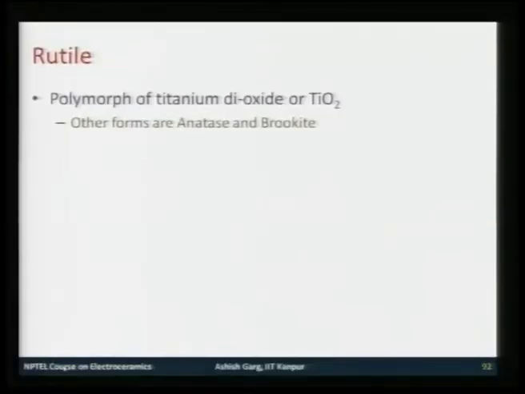So, the next slide is on rutile. Now, rutile is a very well known material, it is used as pigments etc. in applications, and it is basically a polymorph of the well known titanium dioxide. Other forms that are available are anatase and brookite, but rutile is very well known for a variety of reasons.